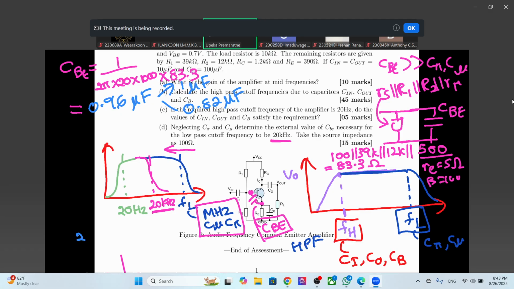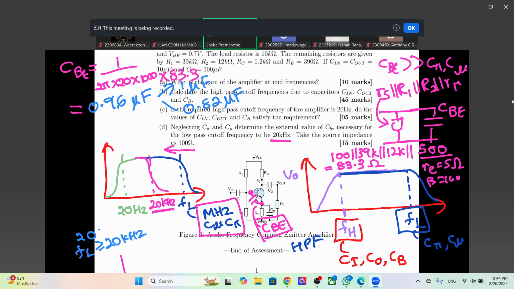So we want the cutoff frequency to be higher than 20K.